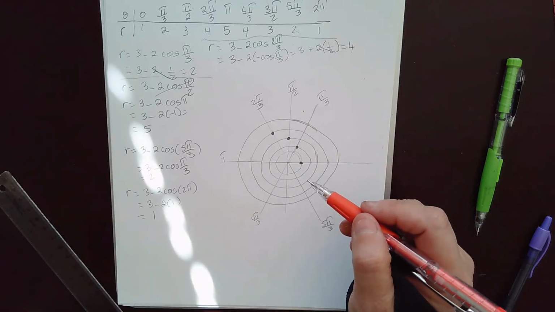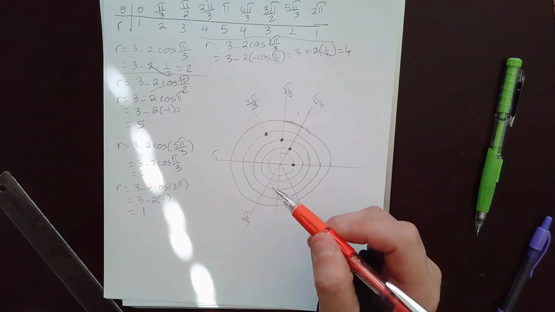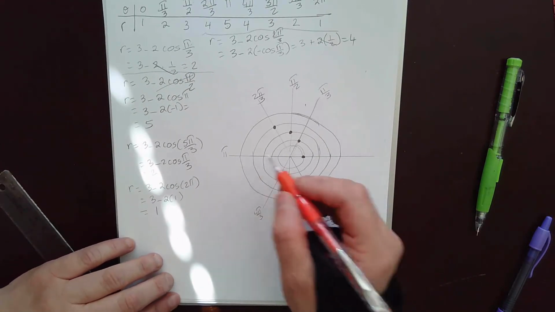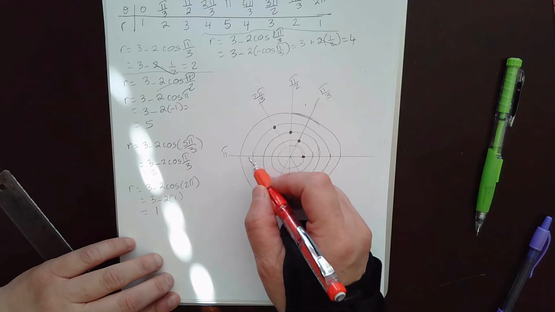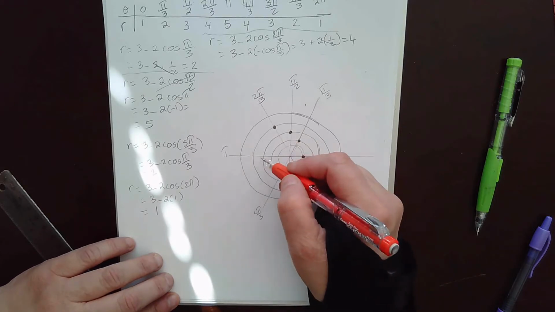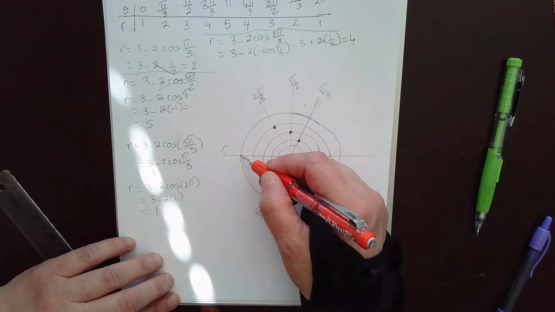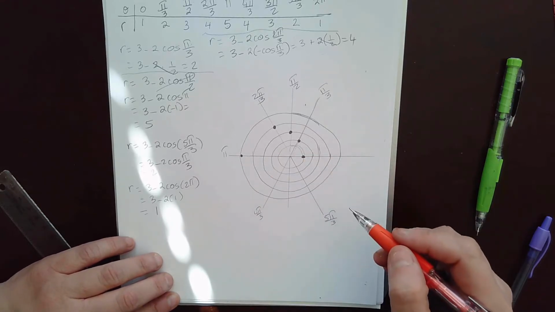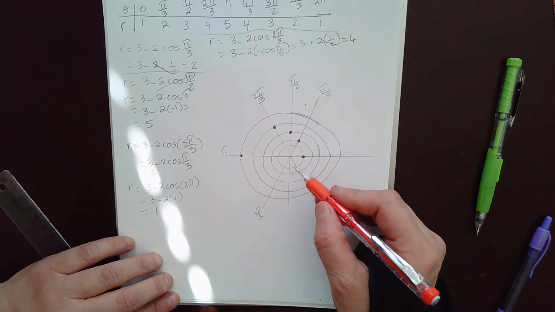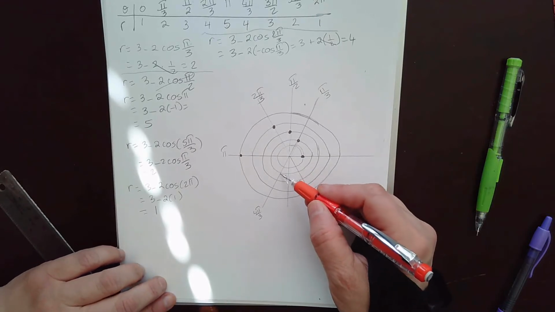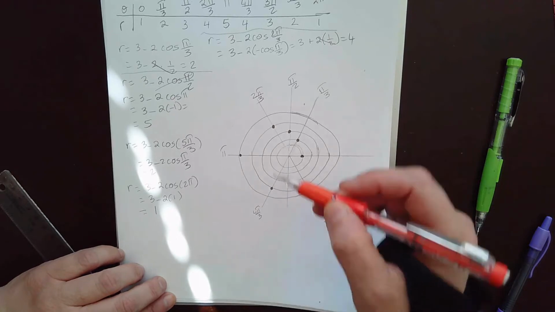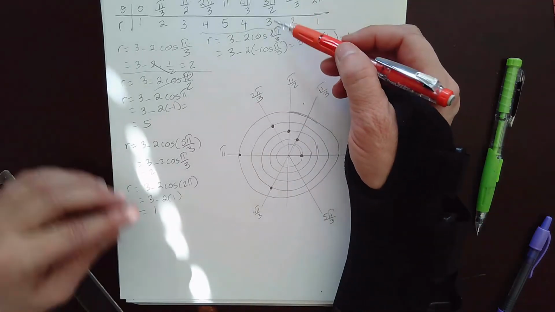Okay. And when theta is pi, r is 5, so 1, 2, 3, 4, 5. This really should be, there's a difference, it should be here. Close enough. 4 pi over 3 is 4. Here's 4 pi over 3. 1, 2, 3, 4. When theta is 3 pi over 2, r is 3.